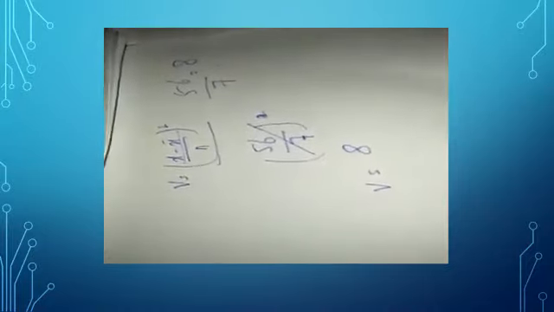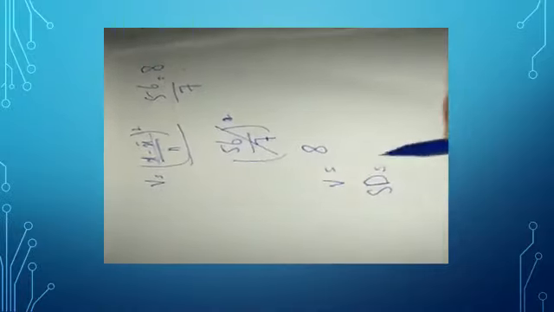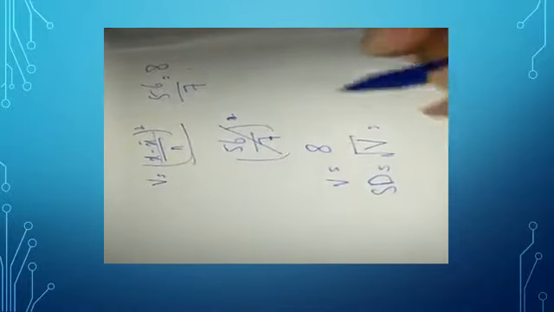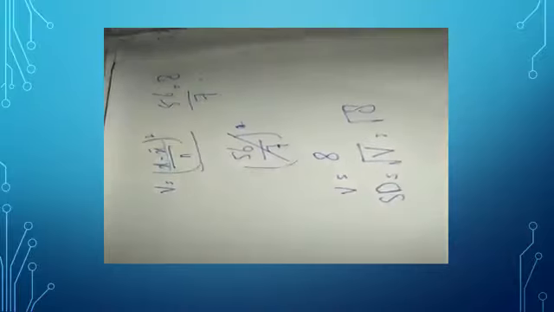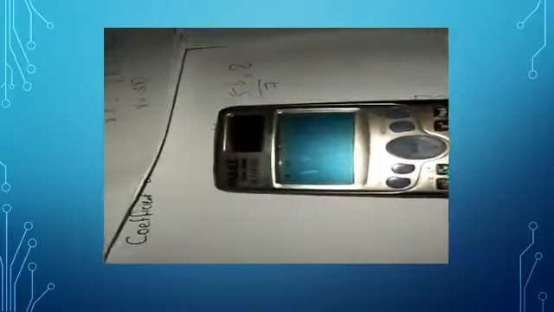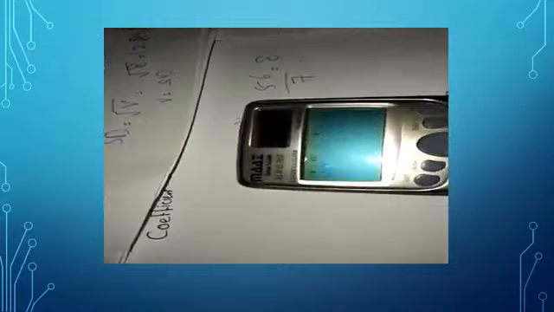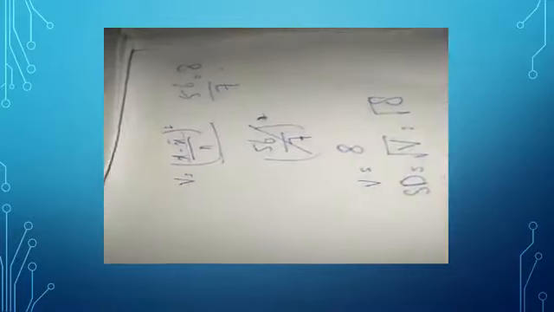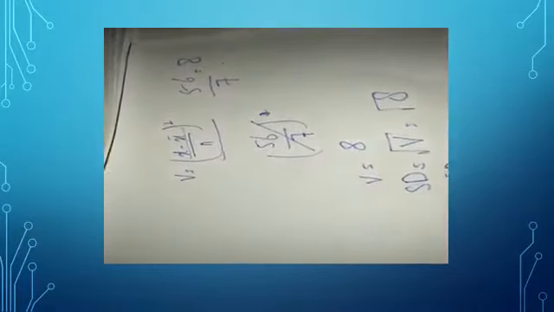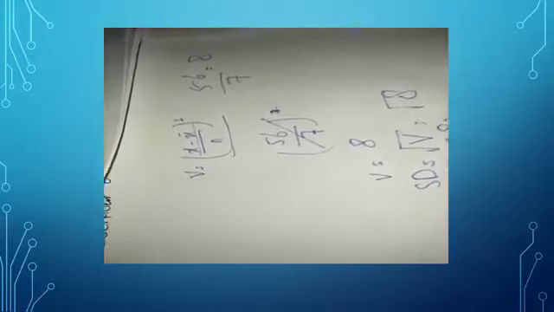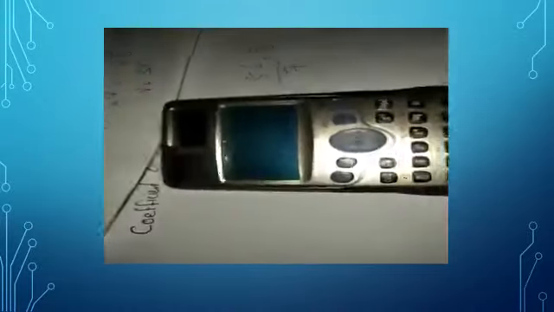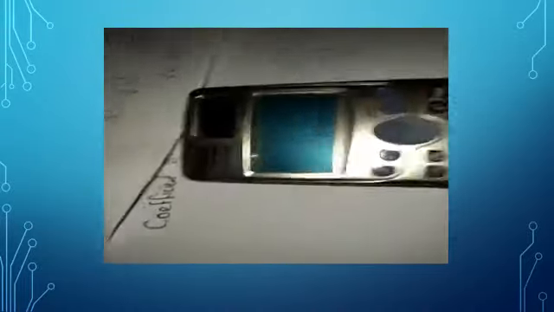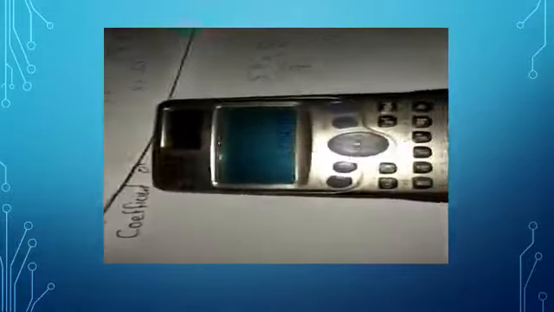And to calculate the standard deviation, simply, the variance is 8. This is the answer of standard deviation. And to convert the standard deviation into variance, we take the square, and the answer is 8.